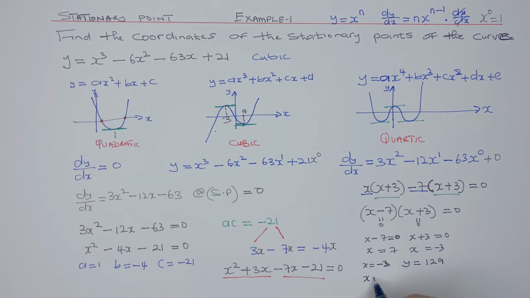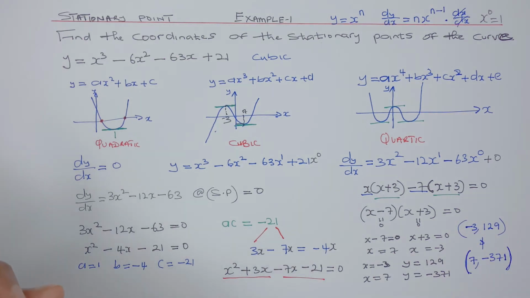And when x equals 7, y will be minus 371. So the coordinates are minus 3, 129, and 7, minus 371.